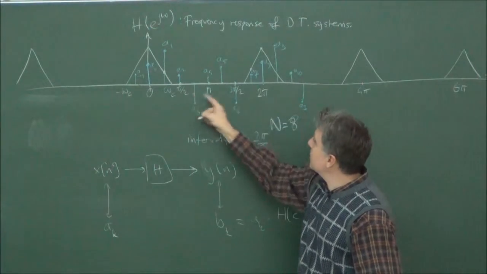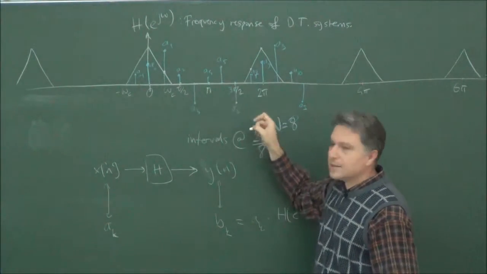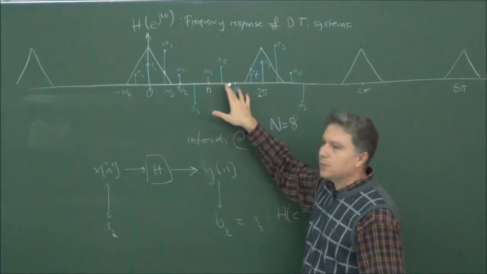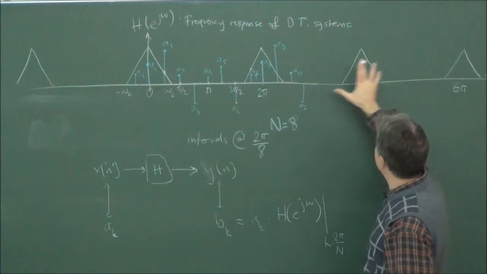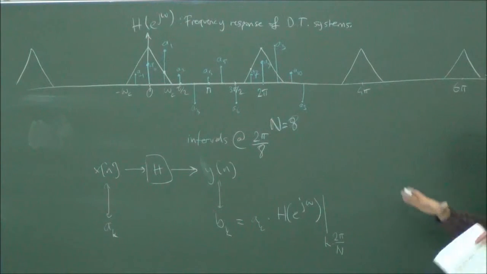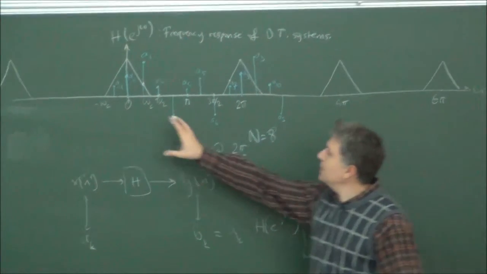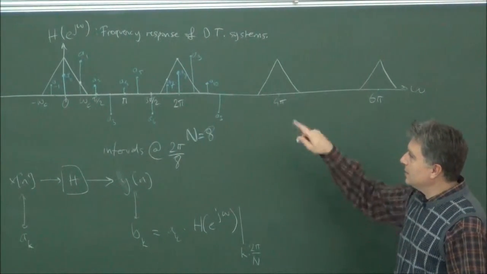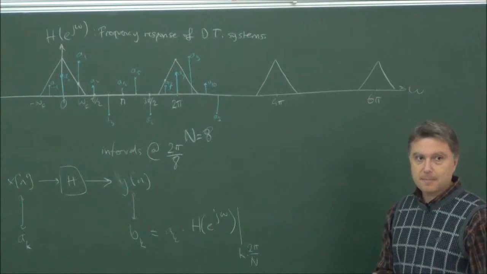Around pi, these are high frequencies and they don't pass. Those harmonics are annihilated, suppressed by multiplying with 0. They don't pass here, they don't pass here. All the 2 pi periodic replicas are annihilated similarly, and only the lower frequencies are passing.